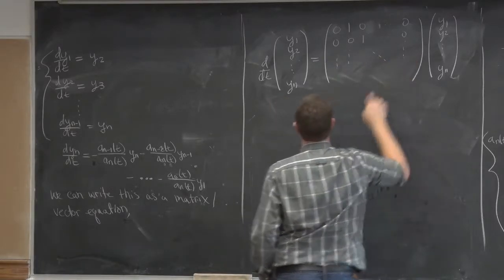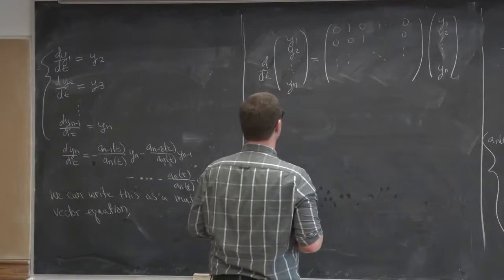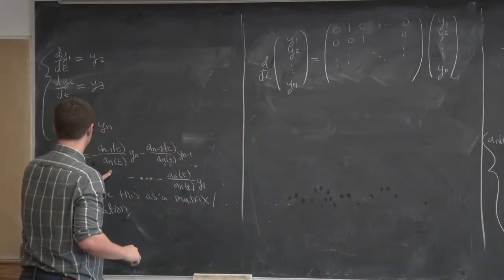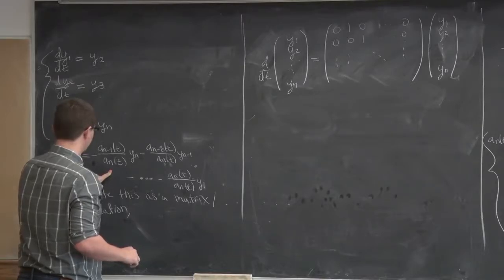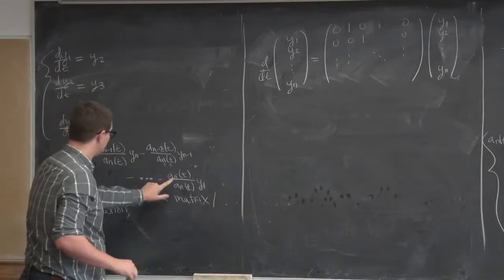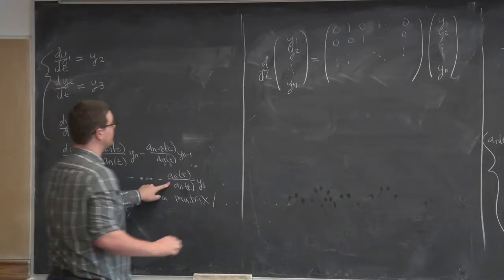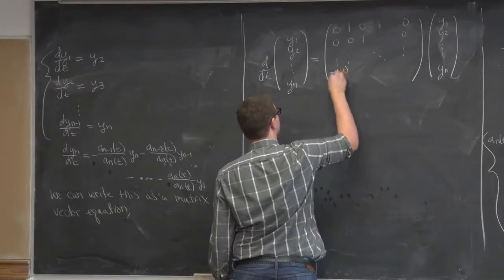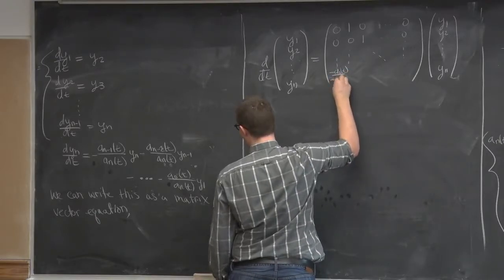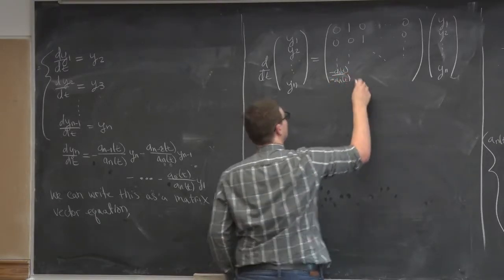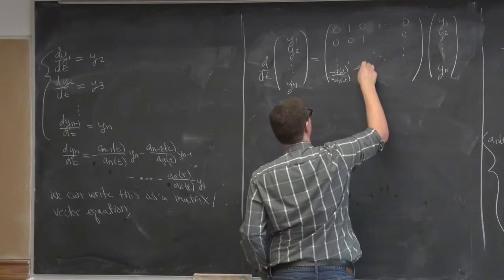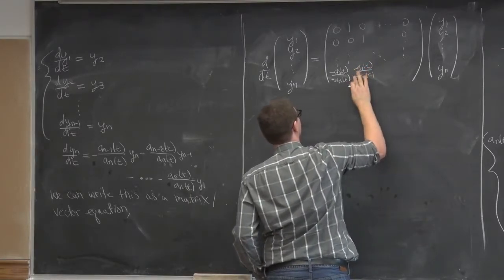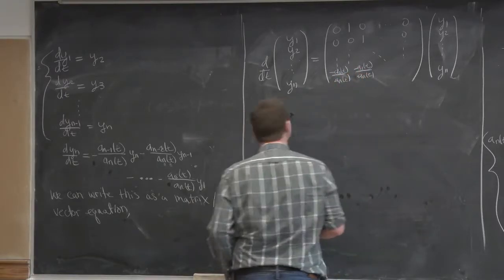Okay, and then this is the weird one. So here we have these coefficients. So this is the first one. This one will be minus a0(t) over a_n(t). And then we have a1(t) over a_n(t), or not minus here, just a regular one, right?